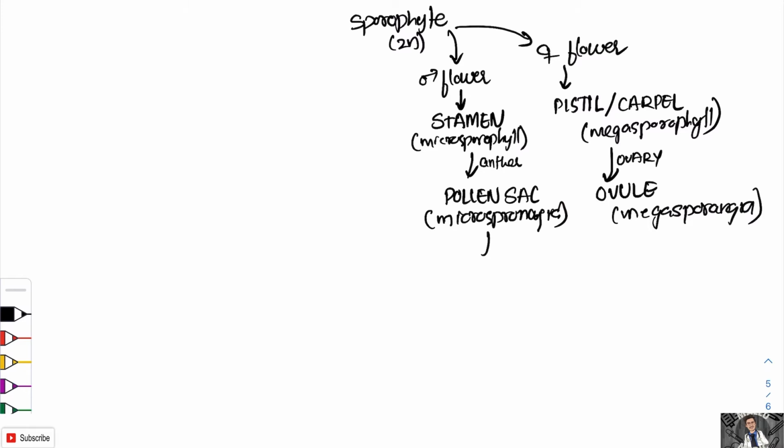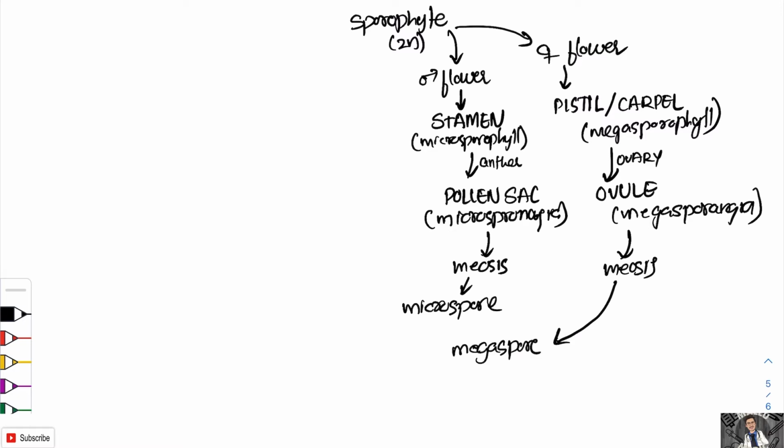Now, here we have meiosis taking place, which produces microspore, and meiosis within the megasporangia produces megaspore. Now, the microspore produces, yes, you are right, the male gametophyte, and the megaspore produces the female gametophyte.